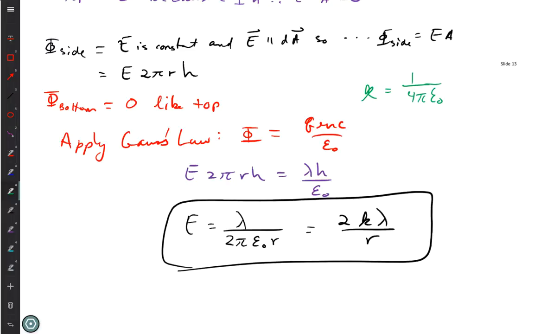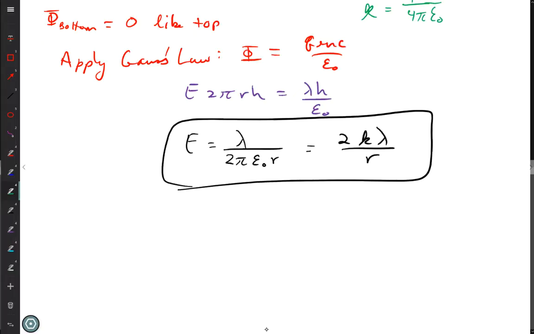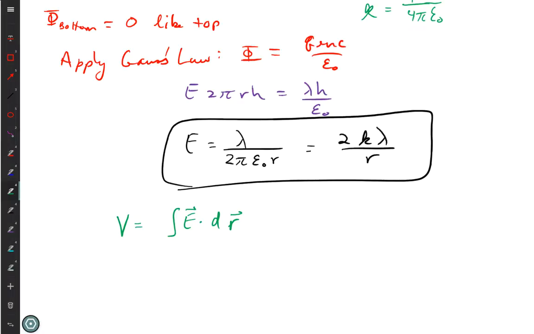Now, once we know the electric field, we could, of course, calculate the voltage. Because how does voltage relate to electric field? I'm going to put E dot dr. And so the electric field is going to be parallel to dr. And so it's just going to become E dr for my calculation.